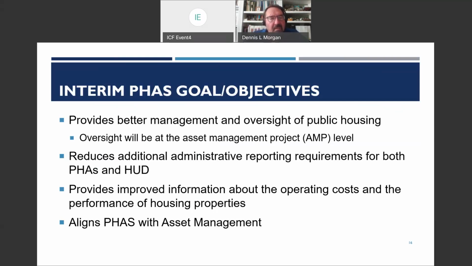Knowing that, a PHA also needs to understand that I've got to keep up with these. I've got to keep up with that information. I want to make sure that I'm putting this information into the world of HUD accurately and timely as well. Because if I'm not, it's going to impact my performance for the agency as well.